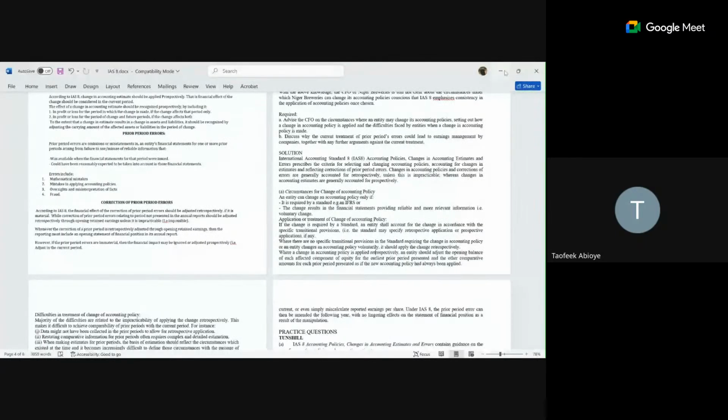So you can check the year this IAS 8 was tested and the structure of the questions. However, if we meet in our revision class, we are going to test more of the ICAN past questions. Although we have some here already in this note, I will share it in our class. So I think we can call it a day tonight.